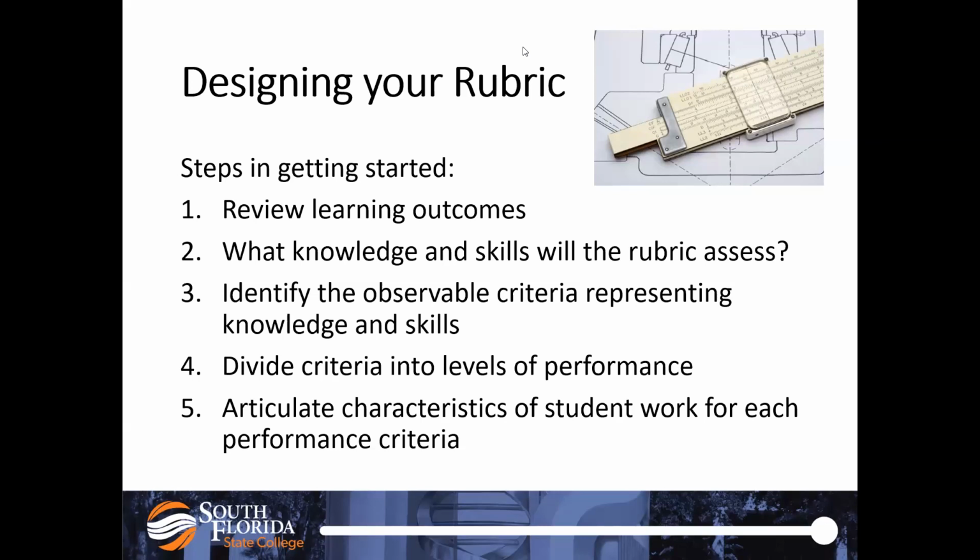What is it you want to assess with the rubric? So the knowledge and skills, and again, they can be applied to multiple areas, and it's not just in arts and sciences, applied sciences, nursing, any area. It goes back to our learning outcomes. What should the student be able to know, do, perform, etc. Then you start with the observable criteria. That's on that left-hand side, the knowledge and skills.